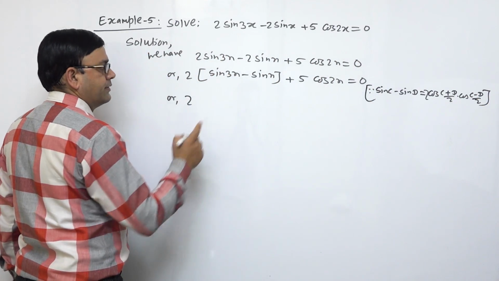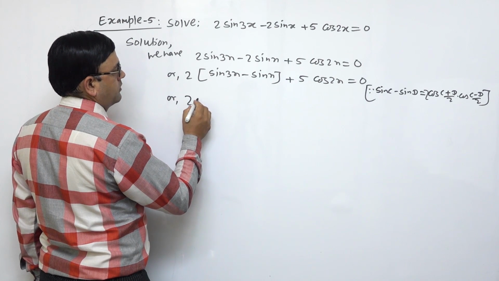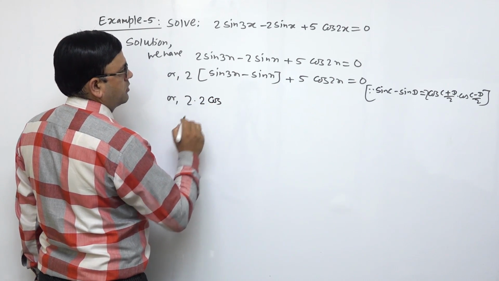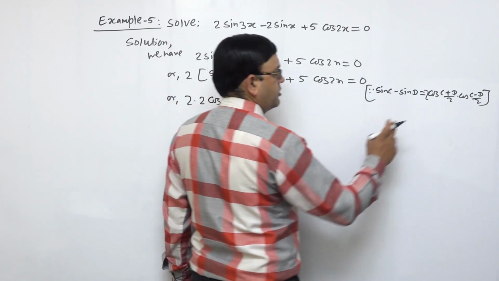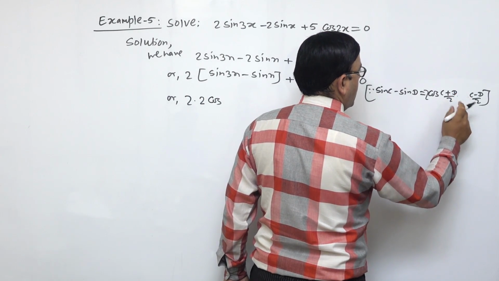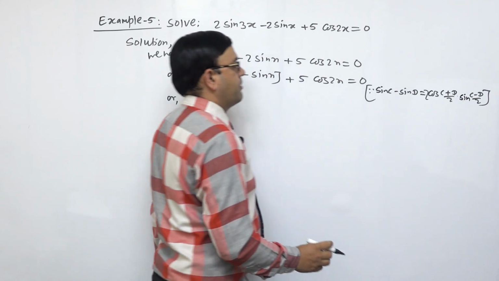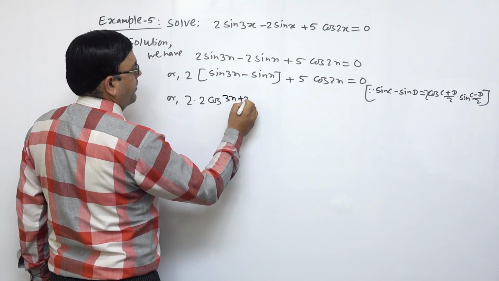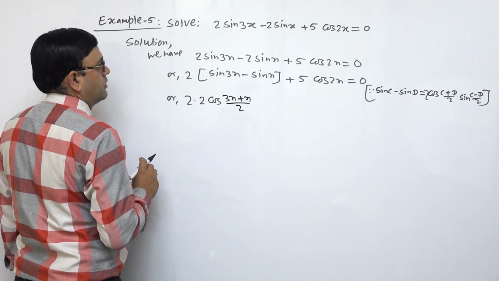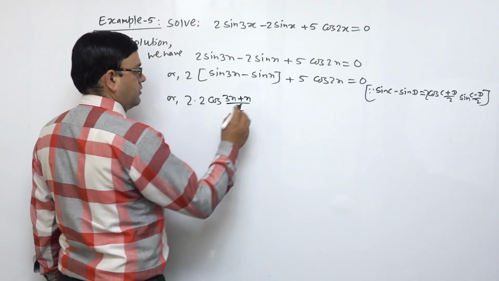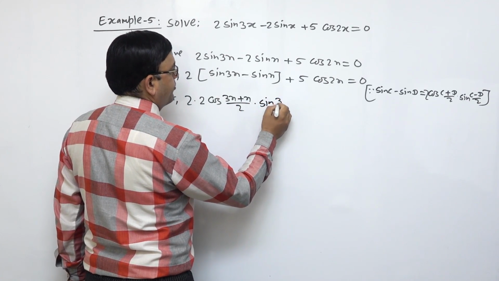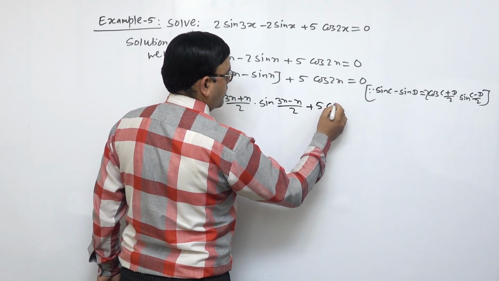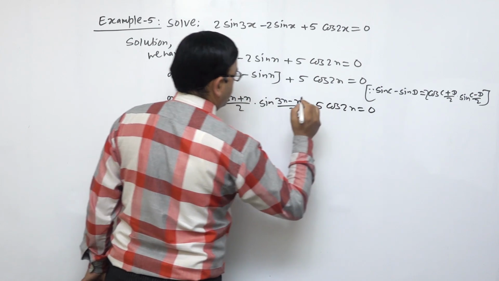So using the same here, we can write 2 cos 3x plus x by 2 times sin 3x minus x by 2 plus 5 cos 2x is equal to 0.